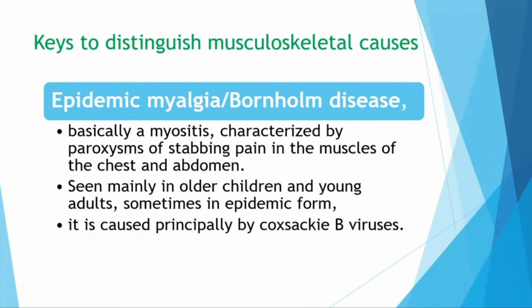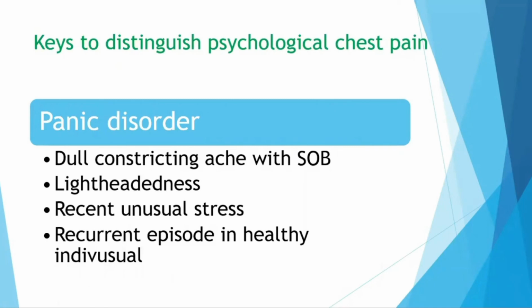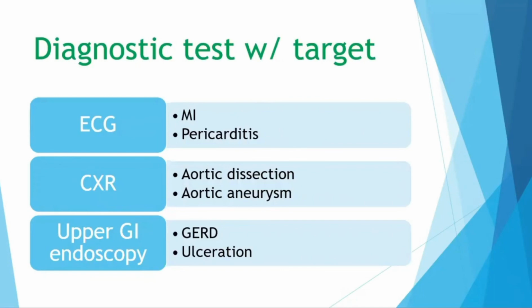Epidemic myalgia is basically a myositis characterized by paroxysms of stabbing pain in the muscles of the chest and abdomen, seen mainly in older children and young adults, sometimes in epidemic form, and it is caused principally by Coxsackie B virus. Panic disorder, which is a dull constricting ache with shortness of breath, lightheadedness, recent unusual stress, and recurrent episodes in a healthy individual.